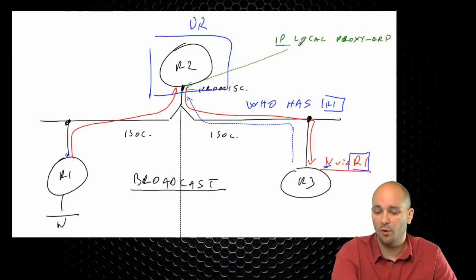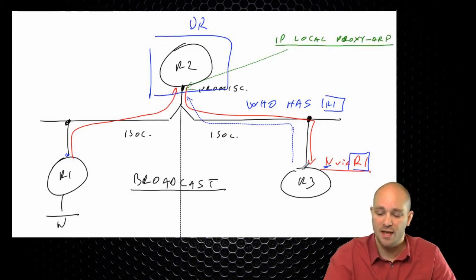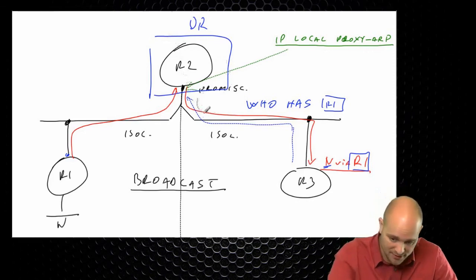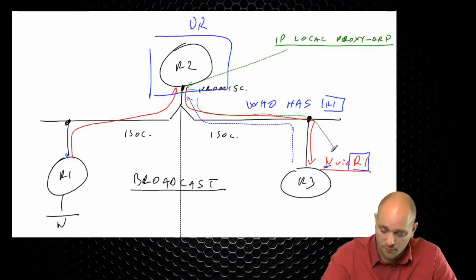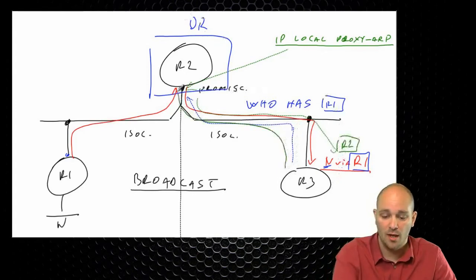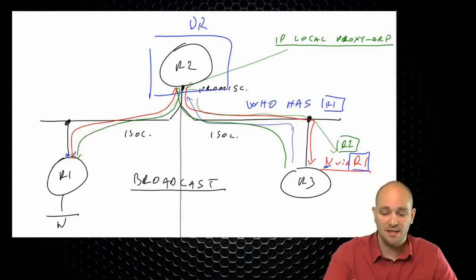Now, what IP local proxy ARP is going to do is when this ARP request arrives to R2, R2 is going to respond back and say, okay, you know what? I have this IP address. So now R3 can actually send traffic to R2, and R2 can route it to R1 because R2 knows how to reach R1. So basically, we are forcing the traffic to go through the hub.